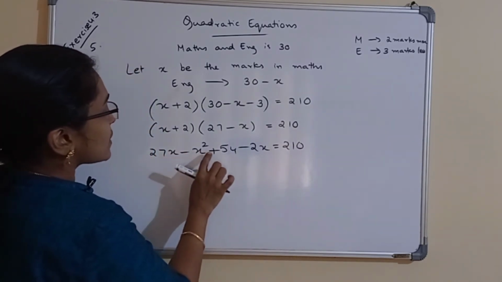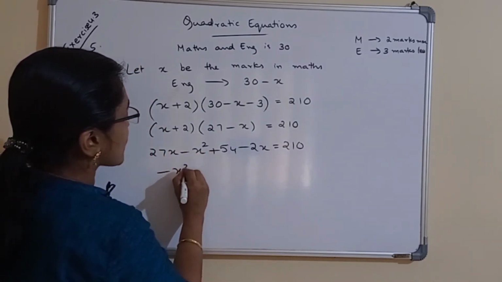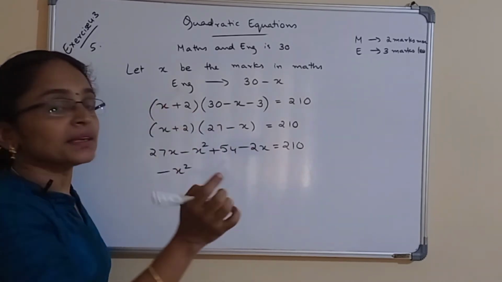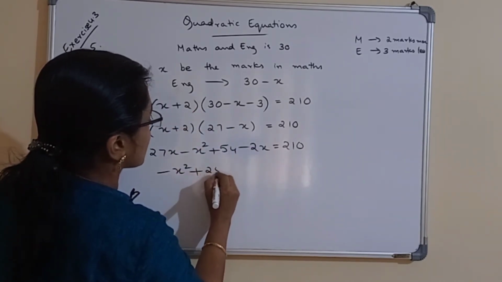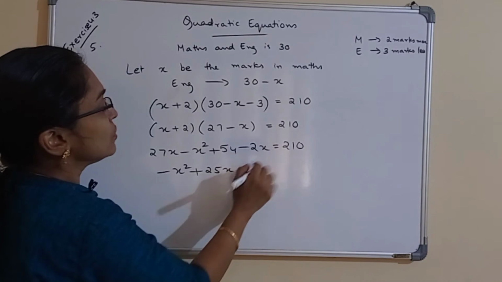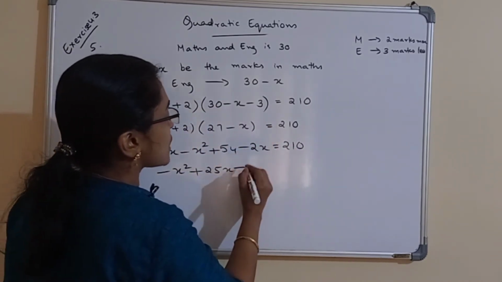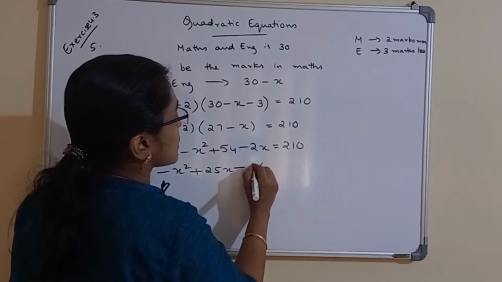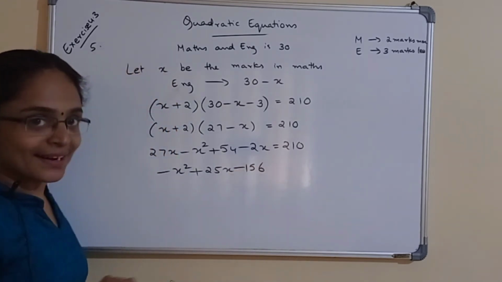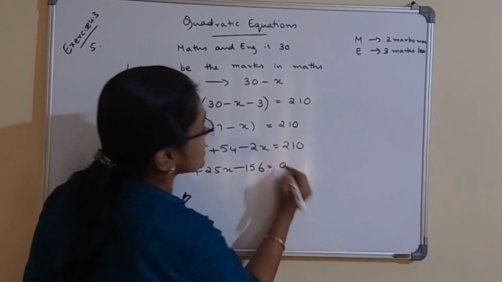Now this is minus x square, then 27x minus 2x is plus 25x, then 54. We take this to the left hand side: 54 minus 210 is minus 156, equal to 0.